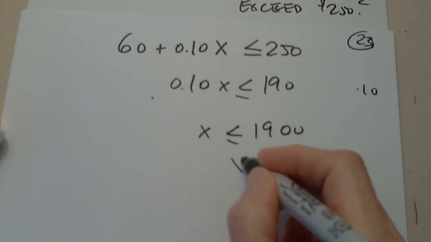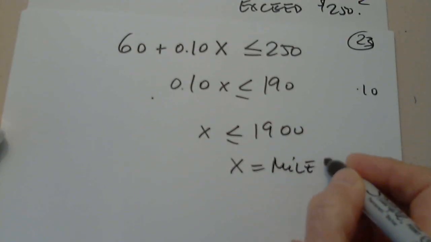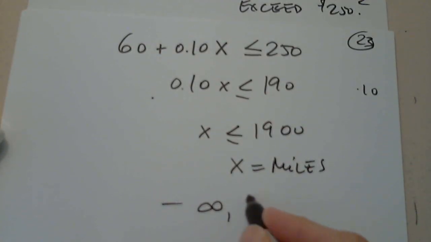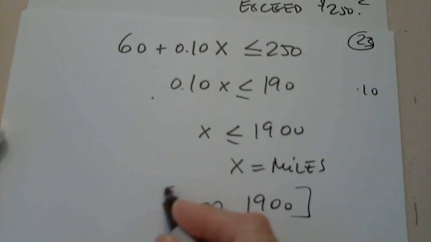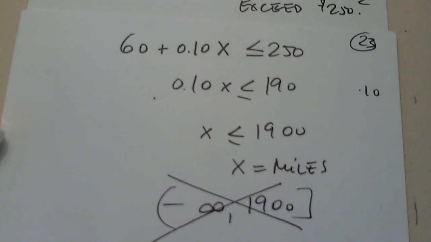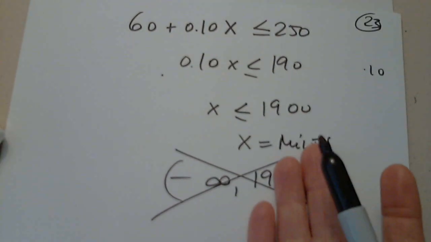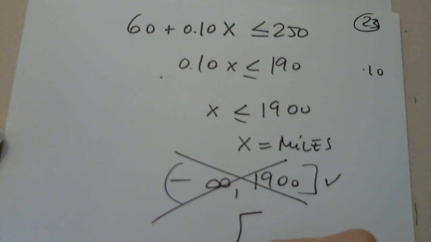But because we are talking about miles, I will not write negative infinity to 1900. That's not possible, because miles cannot be negative. Algebraically, this is correct, but we're talking about miles. So I have to stop at 0. 0 to 1900.